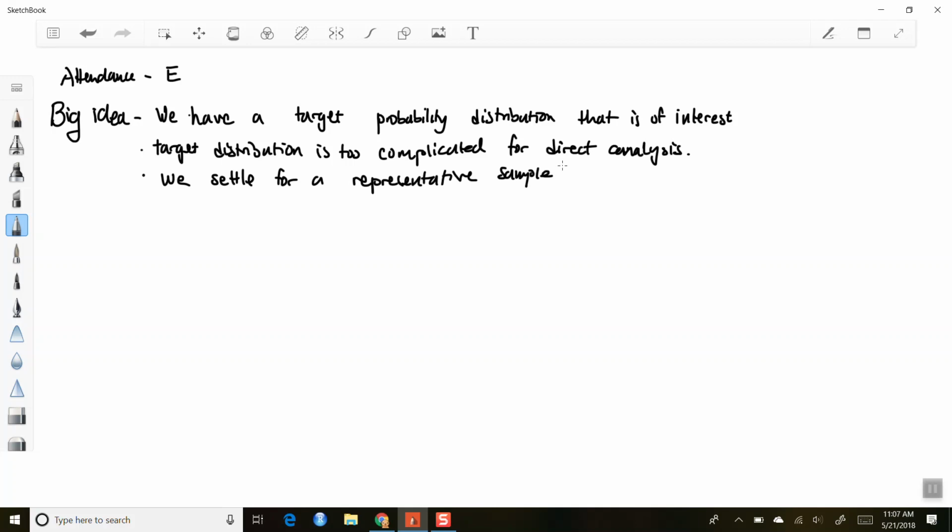And prior to midterm 1, we covered methods like inverse CDF and rejection sampling, and these are ways for us to get a representative sample, right? So inverse CDF and rejection sampling can get us a representative sample.